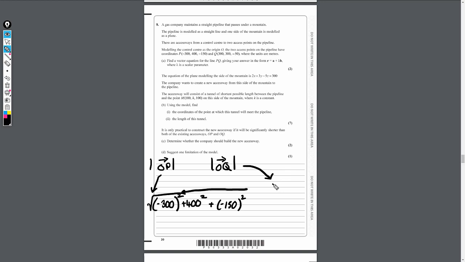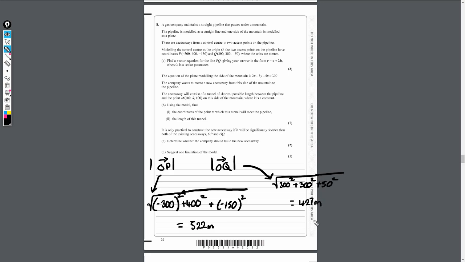So this is going to be the square root of 300 squared plus 300 squared and then plus 50 squared. Okay, put both of these on your calculator, and what you'll get for OP is approximately 522 meters. And then for this one here, OQ, again you'll get approximately 427 meters.